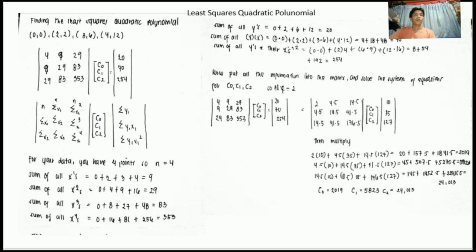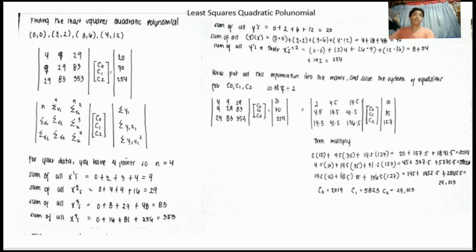From those sums, we multiply y and x, and we get 70. Then we multiply y by x squared and sum, and we get 254.